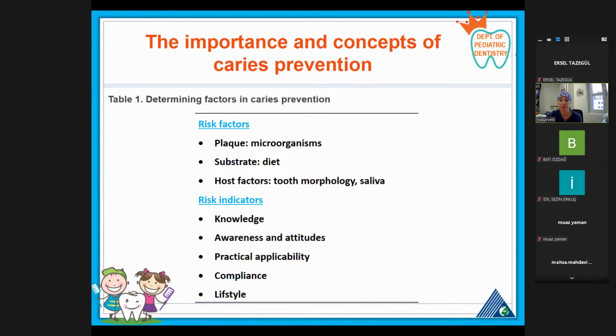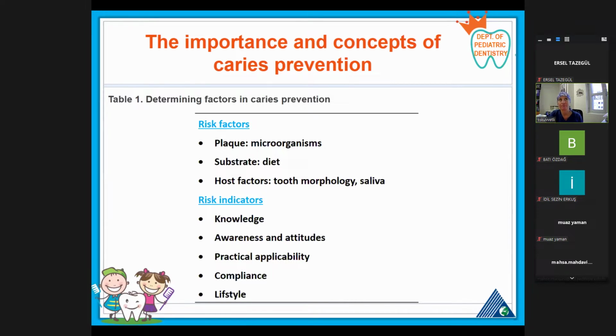Host means the place where the disease happens, and the tooth morphology of the individual, the properties of the individual's saliva, the immune system, and everything are related to host factors. And there are risk indicators.